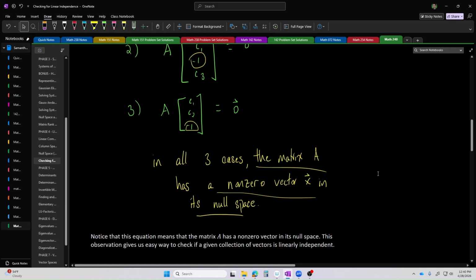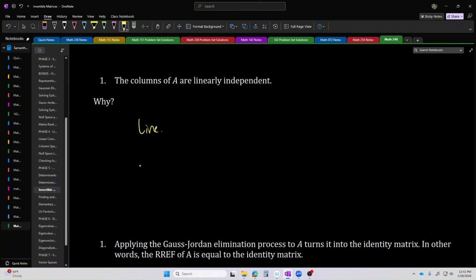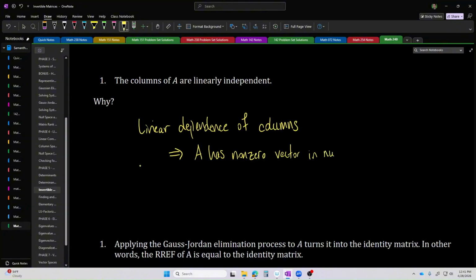So that would be a red flag for a matrix who's trying to be invertible. A matrix that's trying to be invertible cannot have any non-trivial vectors in its null space. So such an A cannot be invertible.